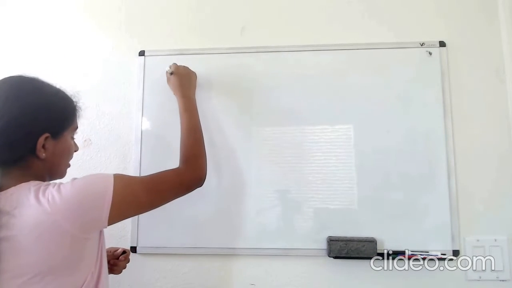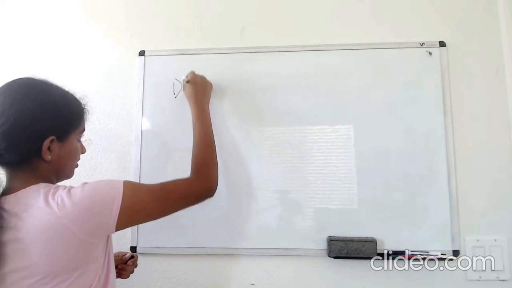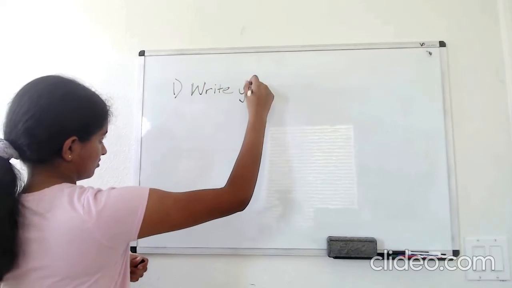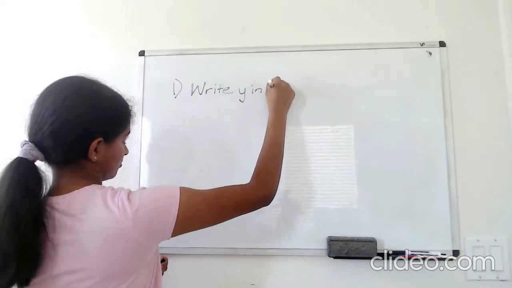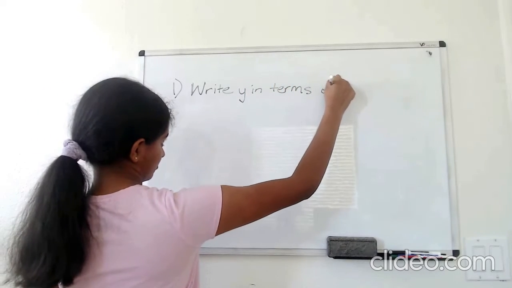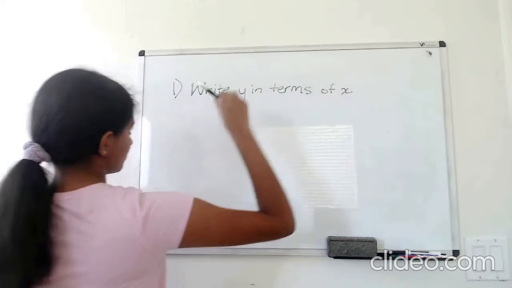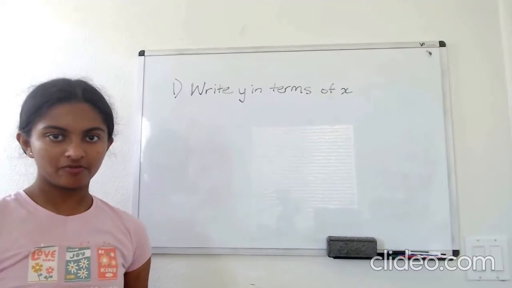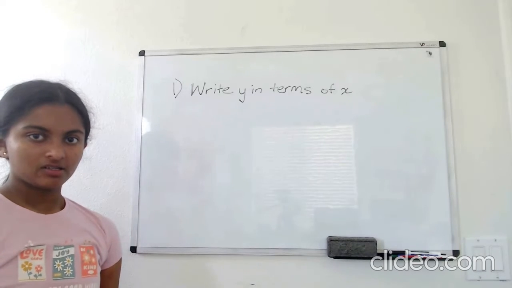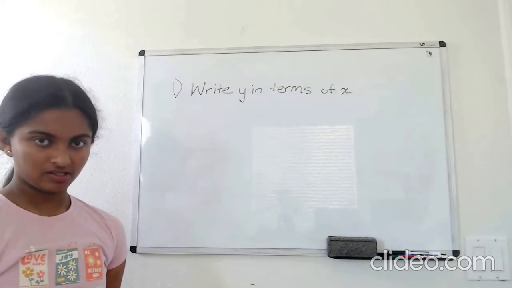Our first step is to write, like I said before, it doesn't really matter if we write y in terms of x or x in terms of y. But we're just going to go with y in terms of x, because why not?